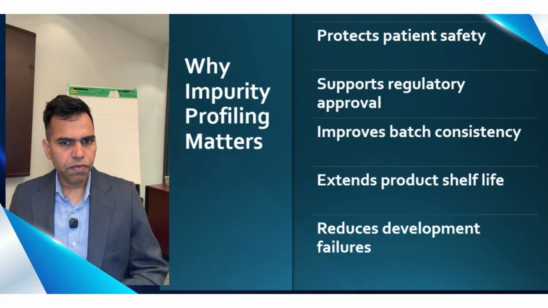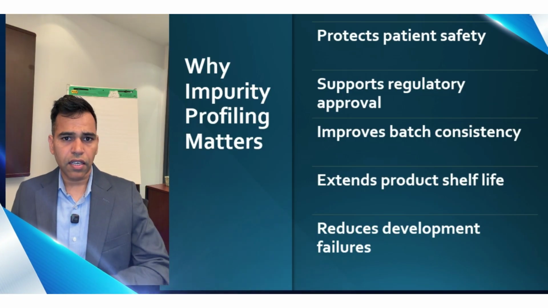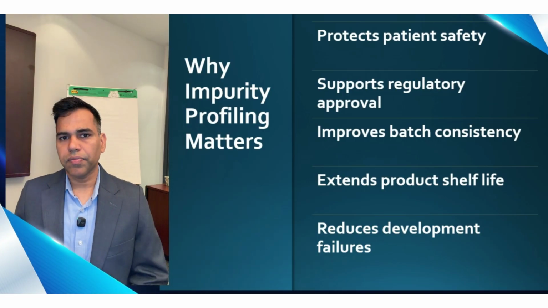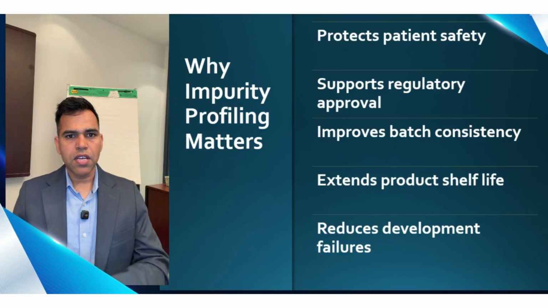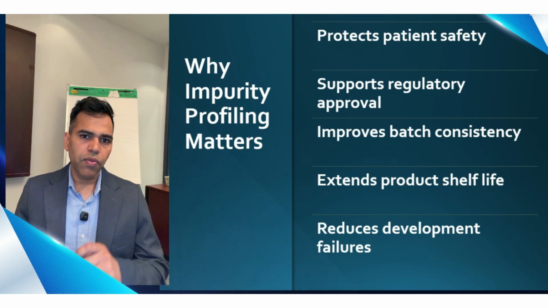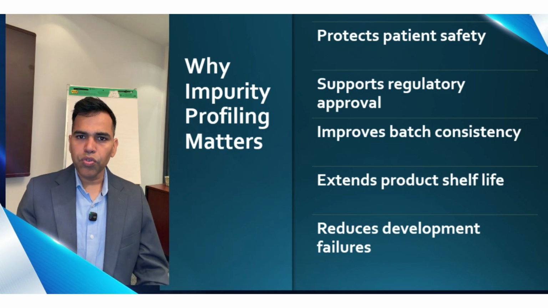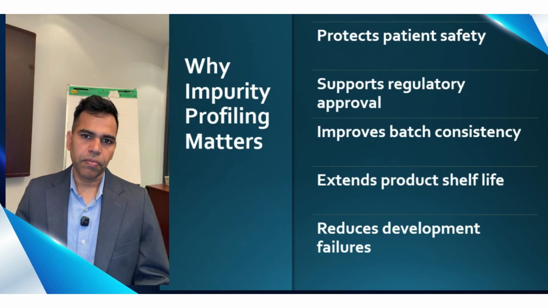Impurity profiling for this class matters for three reasons that are anything but abstract: patient safety, regulatory confidence, and batch consistency. These determine whether your IND filing moves forward cleanly or collects a chemistry query.